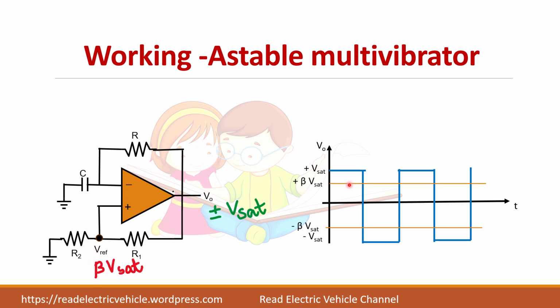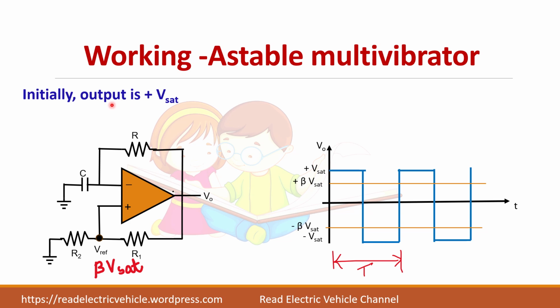So let us mark those lines also here, plus beta Vsat and minus beta Vsat, because this is the reference line. So this will be compared with the capacitor voltage here, because the capacitor is connected to the negative terminal. So this voltage will be compared with this reference voltage. And T represents the time period of this square waveform.